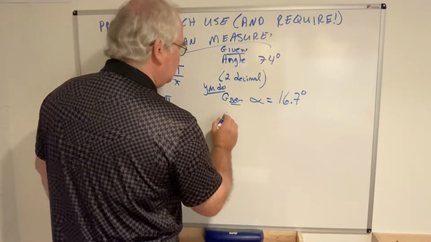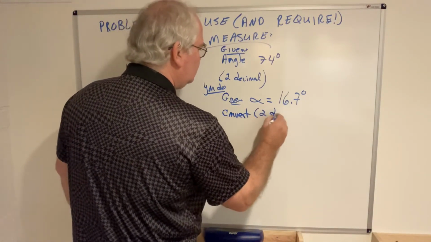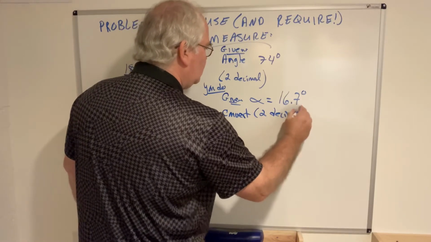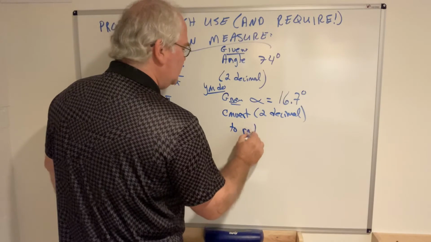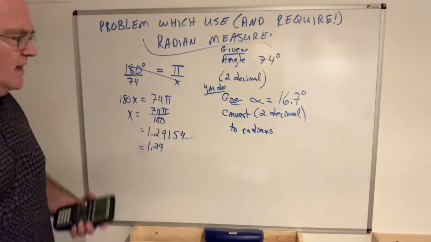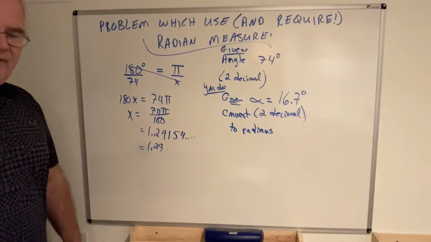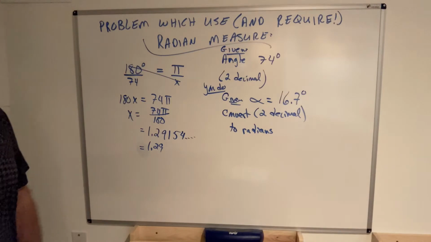Convert, give me 2 decimals. So round to 2 decimals and convert to radians. Pause the video if you like and see if you can do that. When you come back in, I'll see if I can match the work that you've done. So go ahead and pause and do your work now if you like.